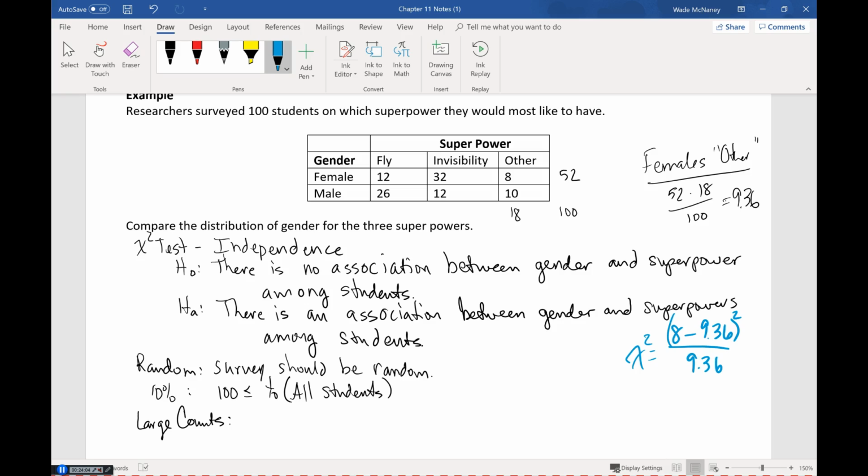Okay, so the individual chi-squared component, you have to know how to do that as well. Yeah, Lily? For large counts, do we have to do a sample of one of the expected for every problem? Not for every problem, only if I specifically ask you.